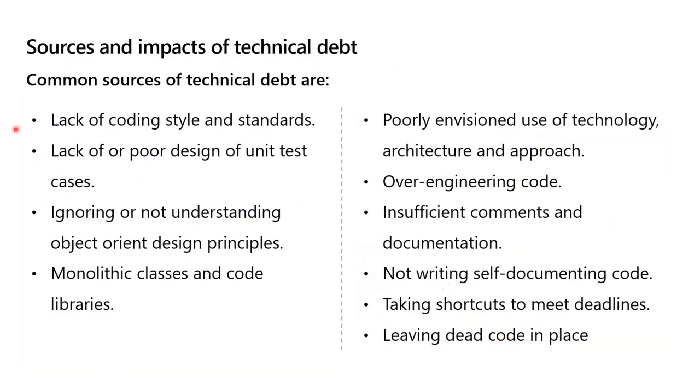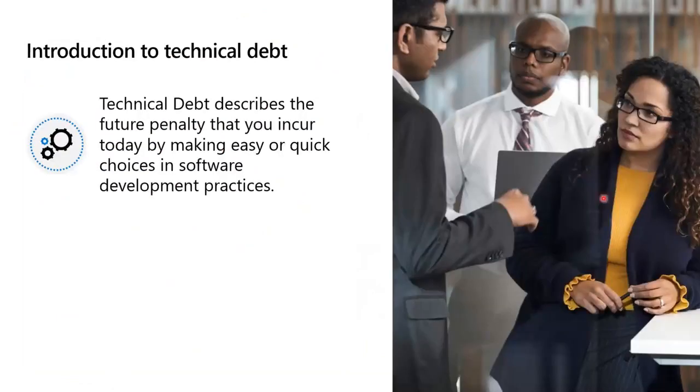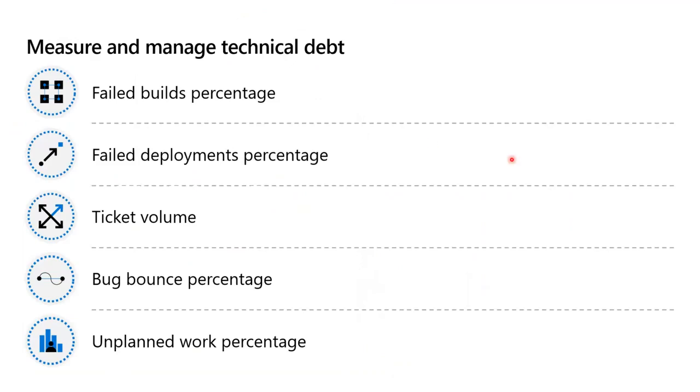So all of this, remember, is going to introduce technical debt. Remember that technical debt describes the future penalty that you incur today by making easy or quick choices in software development practices. How can we measure technical debt, guys?